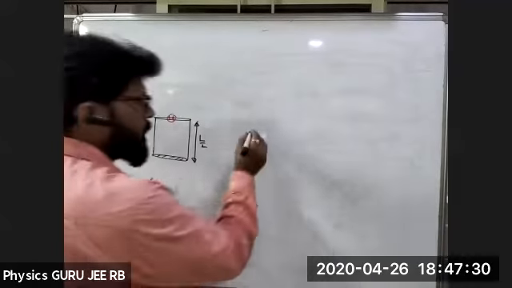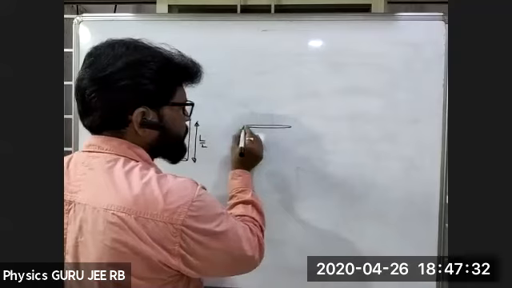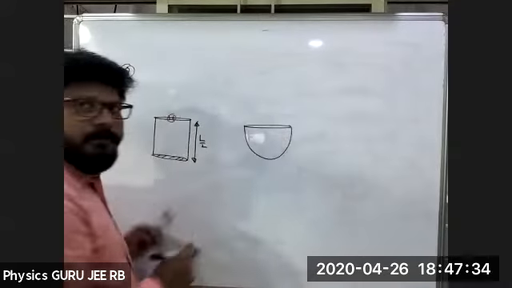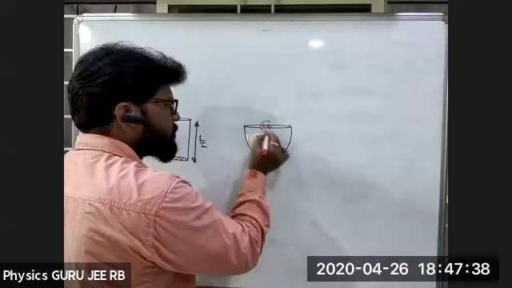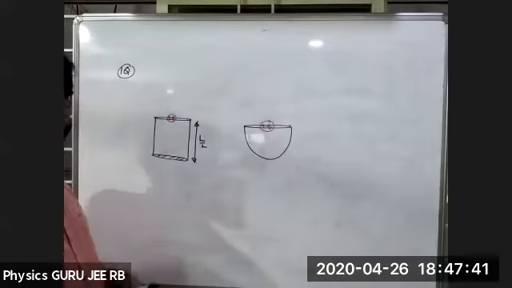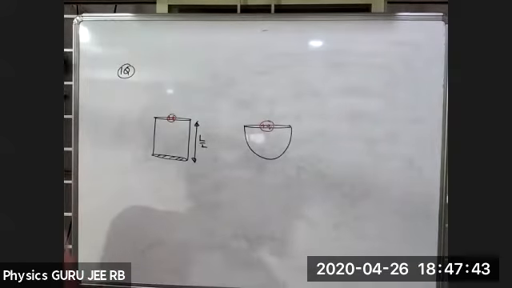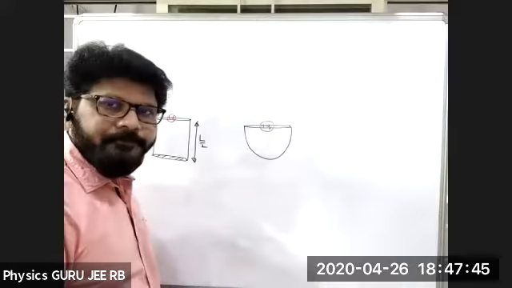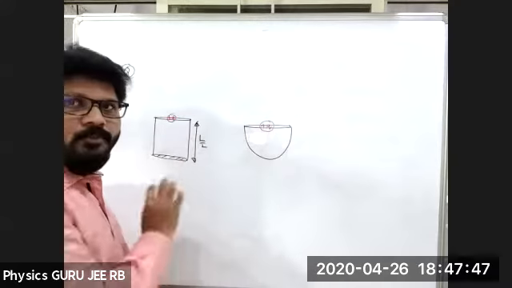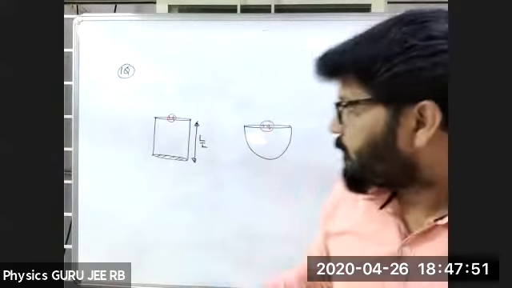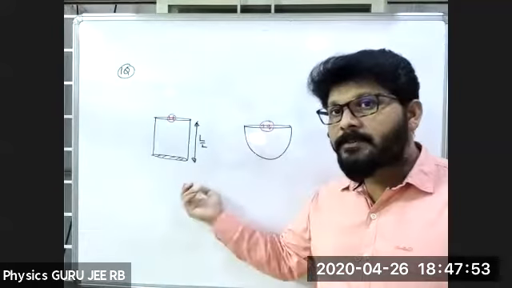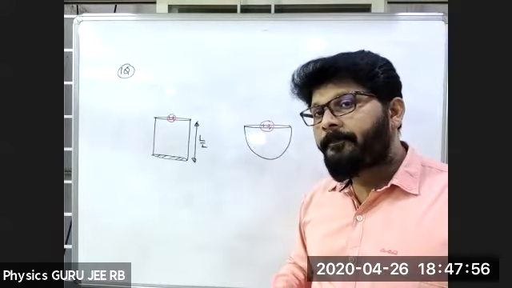What is the flux to the surface that we have to calculate? Next, the second question: a semi-sphere, where I place a charge here. Now can you tell me the first one and the second one?